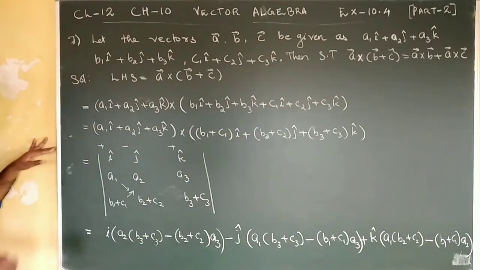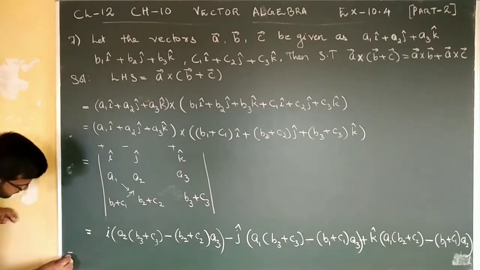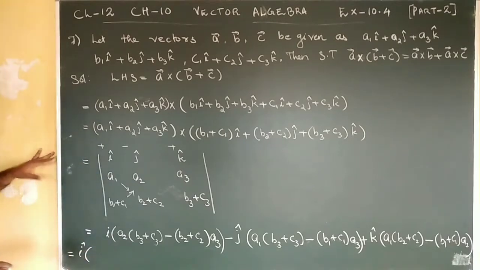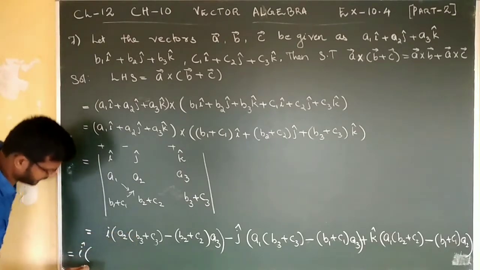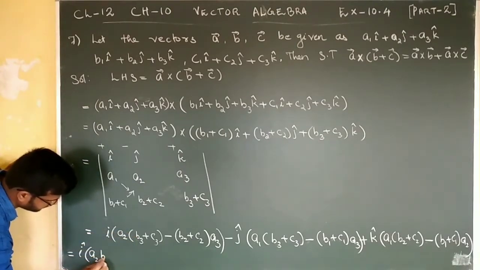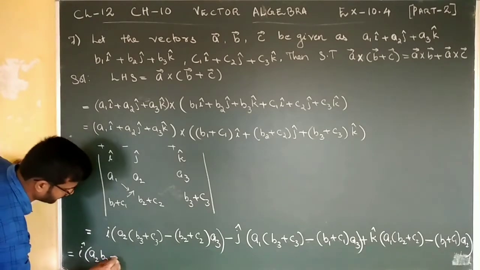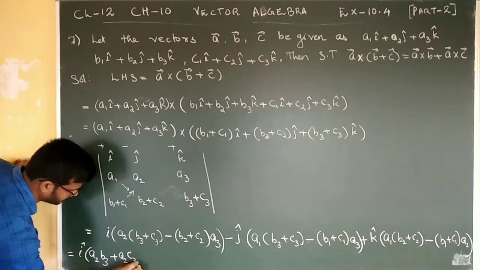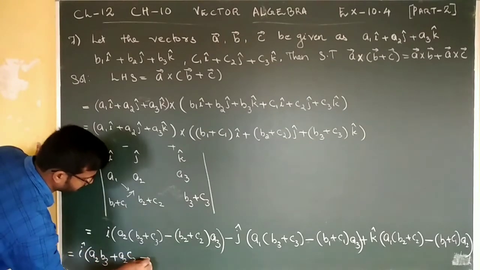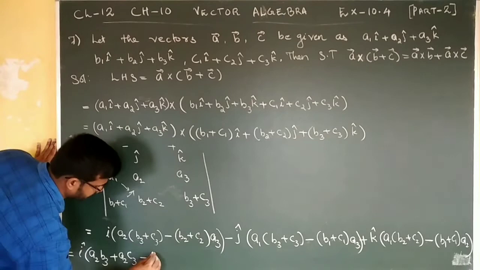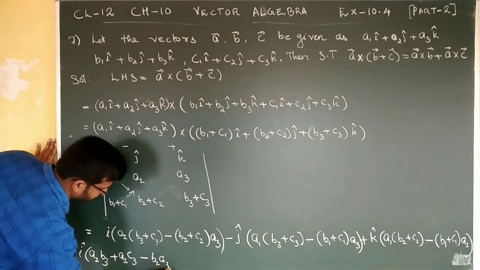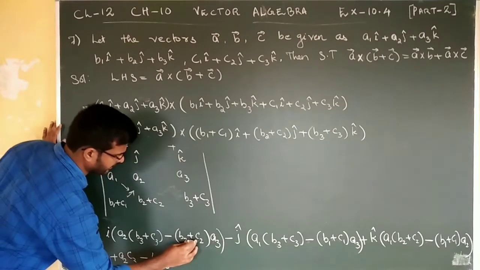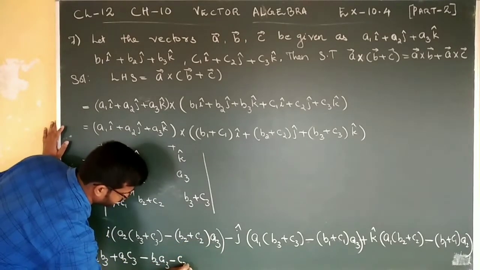Now we can remove bracket, right? I vector: A2 B3 plus A2 C3, then minus B2 A3, again minus C2 A3.